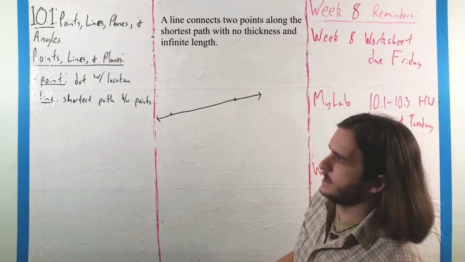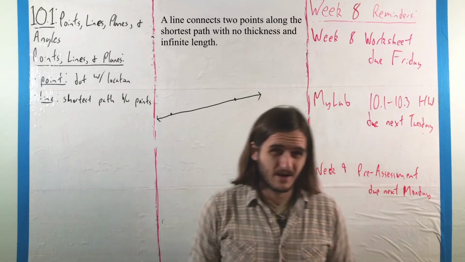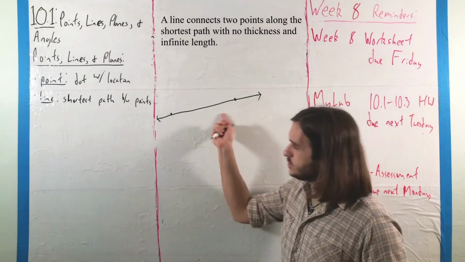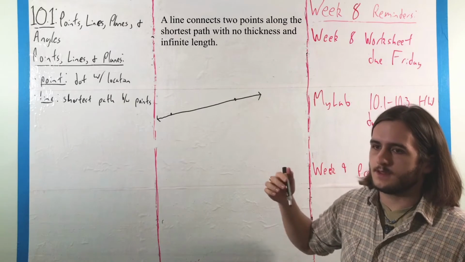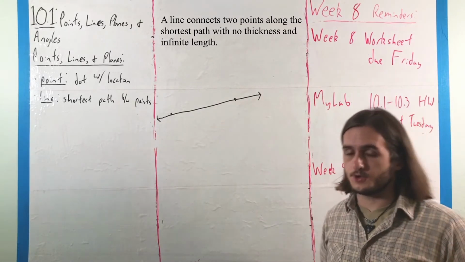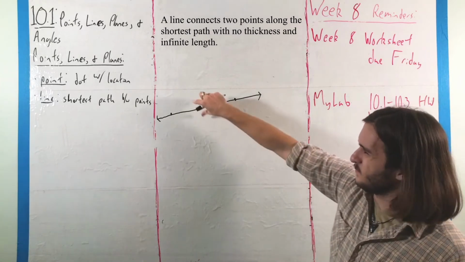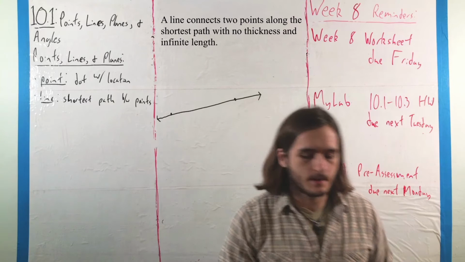So we can think of lines as being one-dimensional objects, where for our lines, at least in this general construction, we have that they only have this infinite length that goes on in either direction, and no real width or depth. It's just the single dimension.